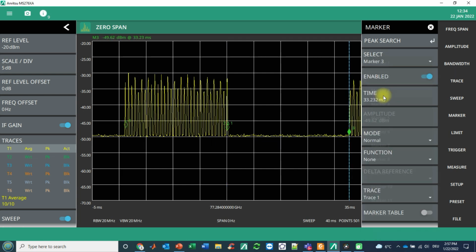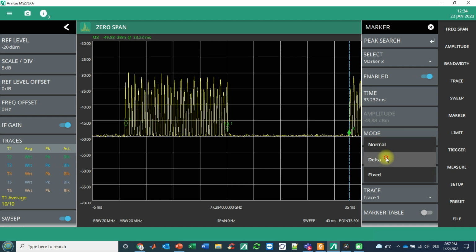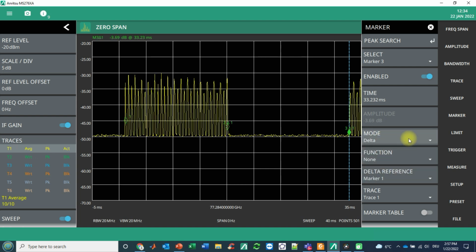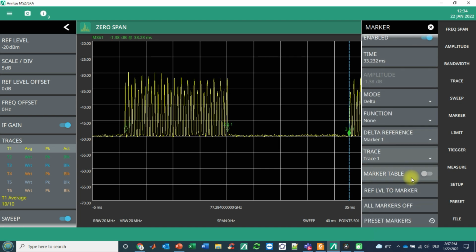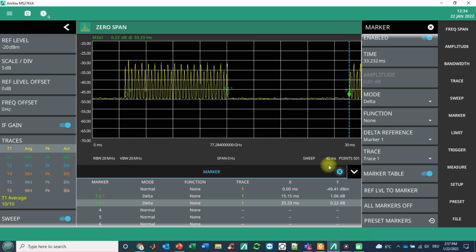And marker 3 is also delta to marker 1. And now we can switch on the so-called marker table. And we see here a chirp time frame of 15 milliseconds. We see a frame periodicity of 33 milliseconds.